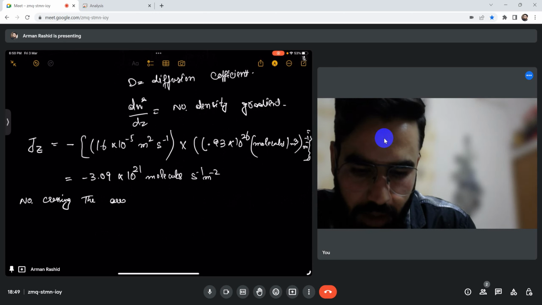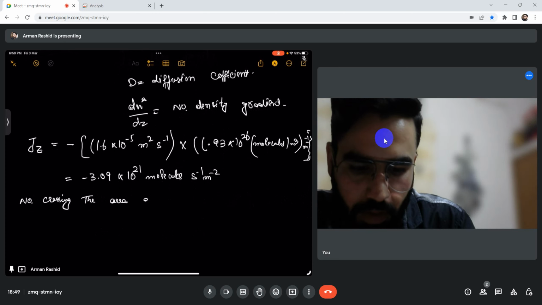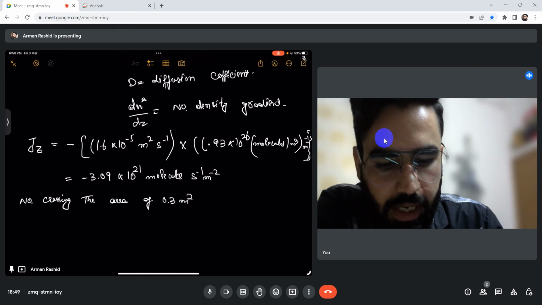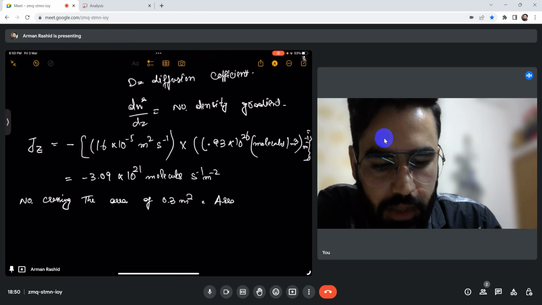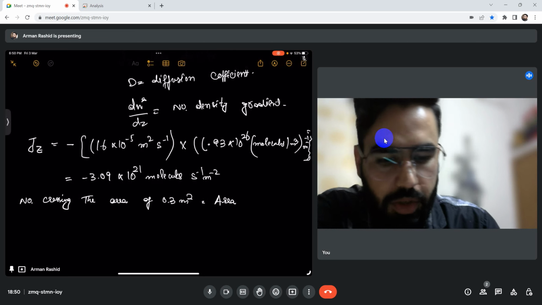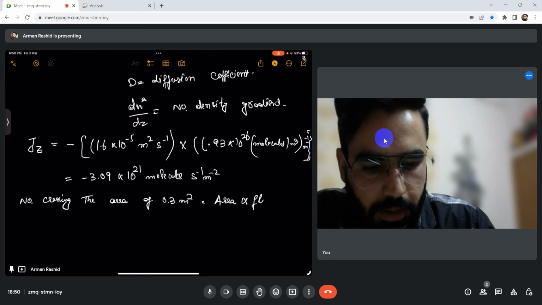Number crossing the area of, what will be the total number that are crossing this area? It will be directly area, because flux is numbers crossed per unit area, so it will be area multiplied by flux.